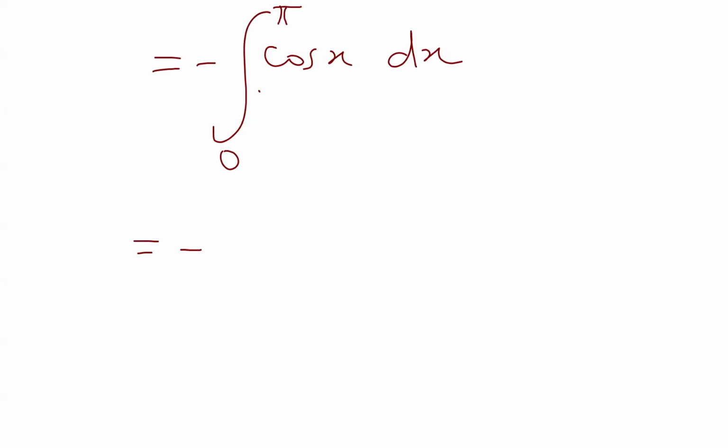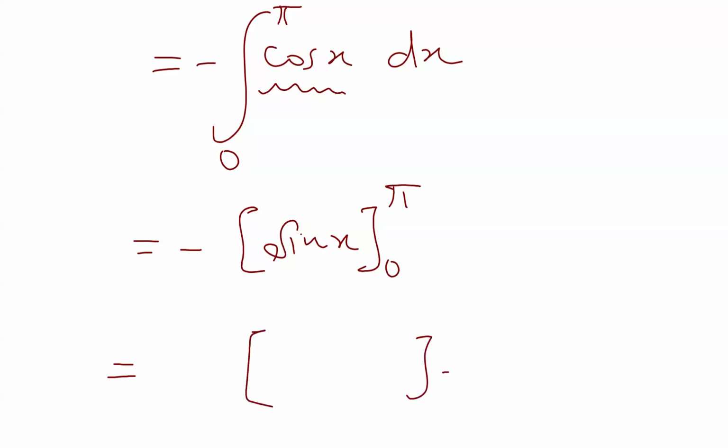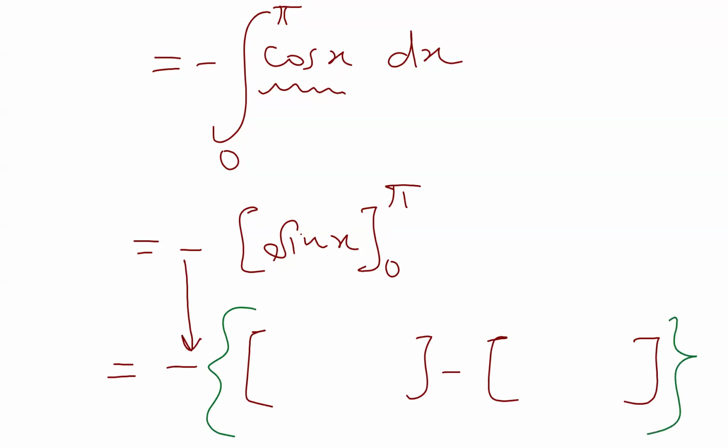So minus integration of cos x is sin x. You all know this. 0 to pi. Now simplification is done. There is no plus c over here. Now we will do box minus box. But then this minus sign will come down over here, and since this minus sign is coming down, you'll have to place this bracket.